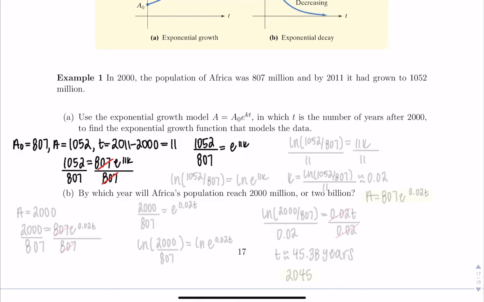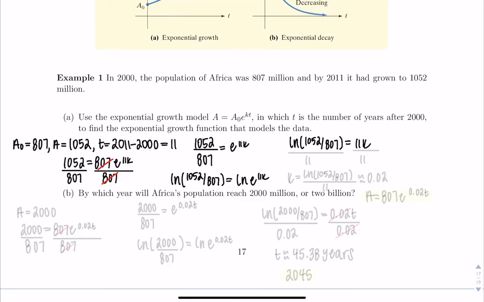We can go ahead and take the ln of both sides. So you get ln of 1052 over 807 equals ln of e to the 11k. The ln and the e essentially cancel, and so you're left with ln of 1052 divided by 807 equals 11k.